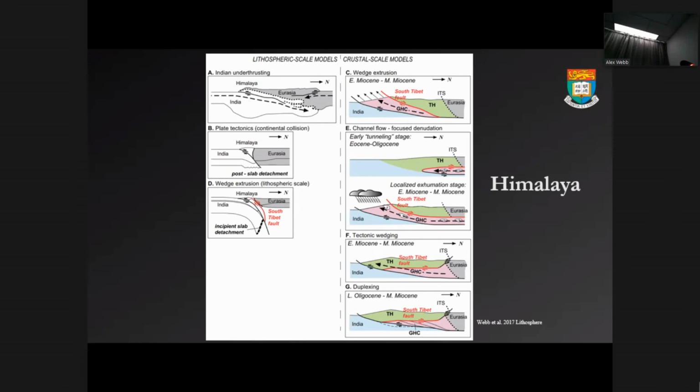In all of these crustal models, there's low-grade rocks, which become the southern part of the orogen. And then there's a high-grade crystalline core that is thought to extrude southwards. And then there are, again, low-grade rocks. These are Tethyan rocks, so-called. So it's a high-grade sequence with 2 low-grade sequences above and below, separated by faults.